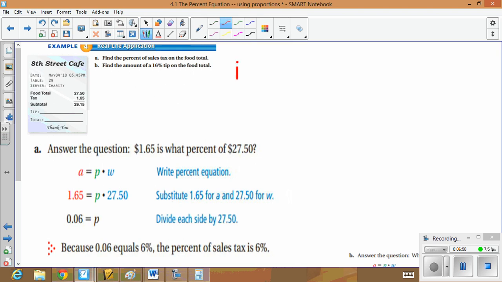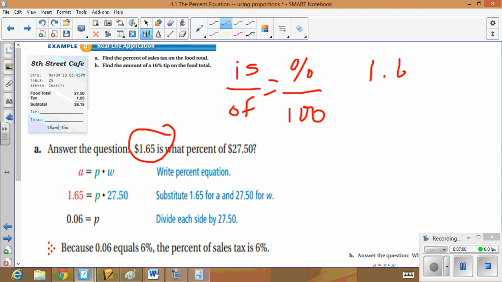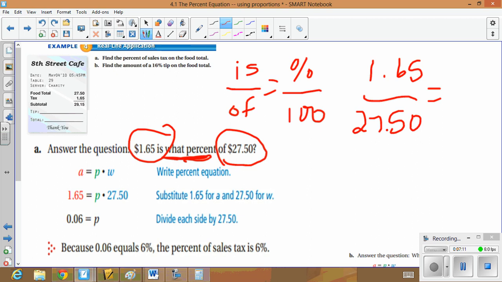So remember, we're going to use is over of equals percent over 100. The 1.65 is my part. So 1.65 over what percent of 27.50? So 27.50 is my denominator, equals, I'm looking for the percent, so X over 100.